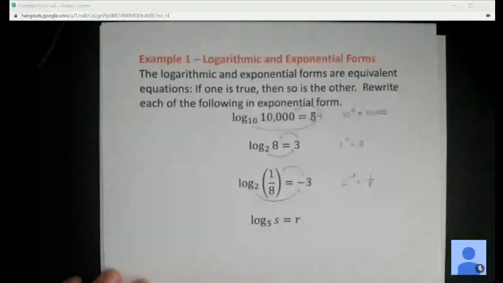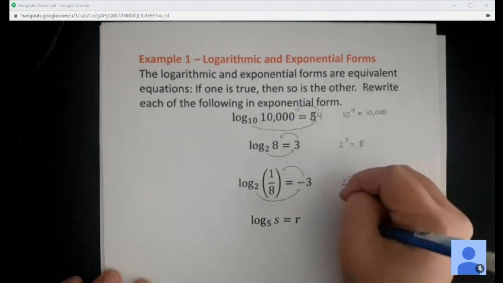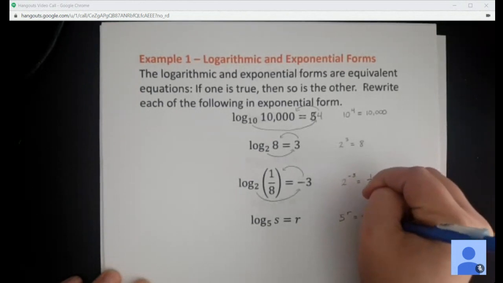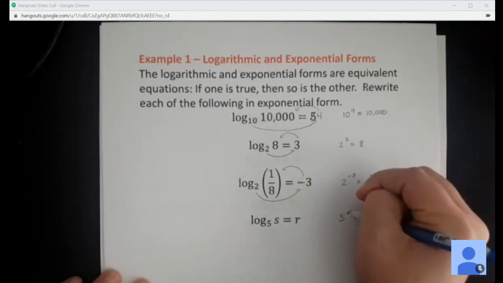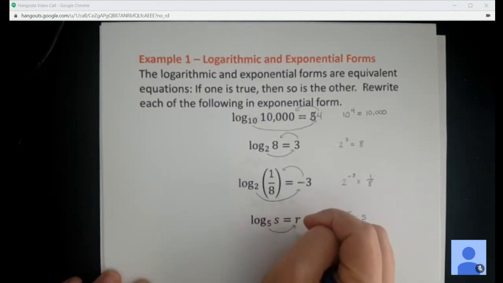All right, and then our last one here, what's that going to look like? Perfect. Okay, so we take 5 to the r power, and that should be equal to s. Because again, 5 to the r equals s now.